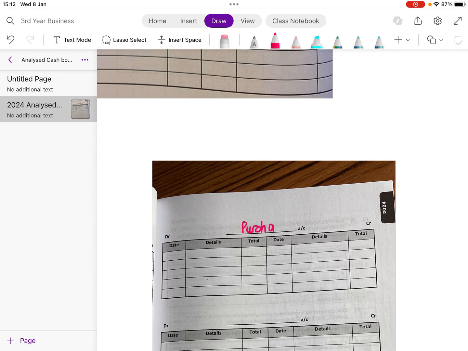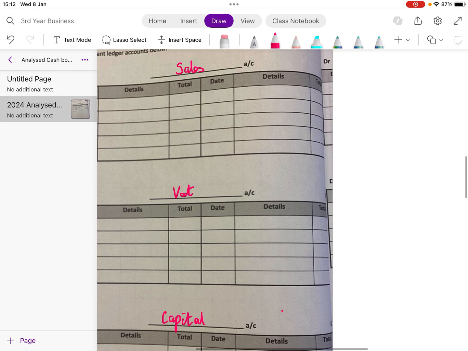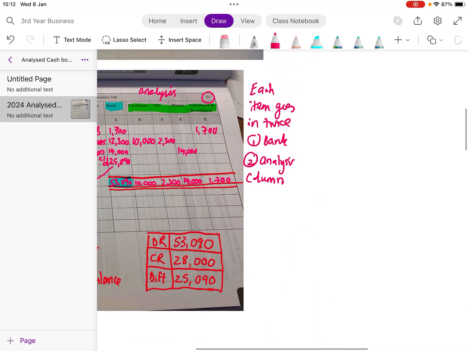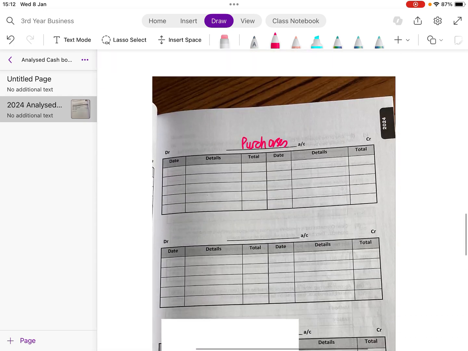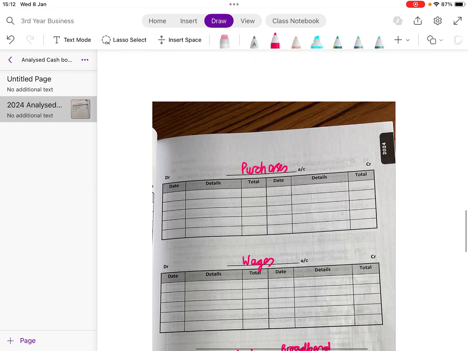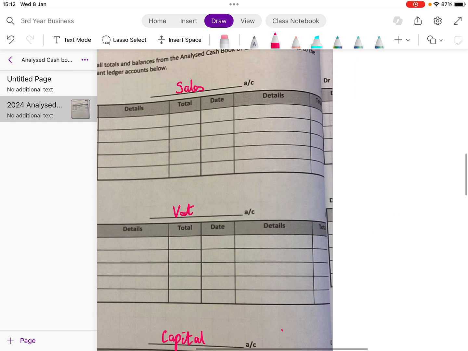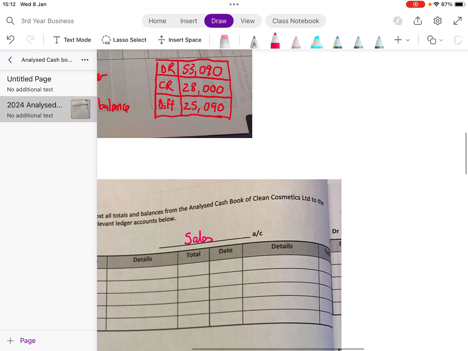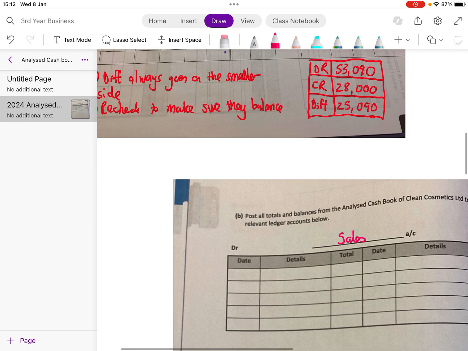I'm going to put all my sales VAT and my purchases VAT together. I am going to have my wages and my telephone and broadband accounts. Okay, so I got them all set up. So one for each.